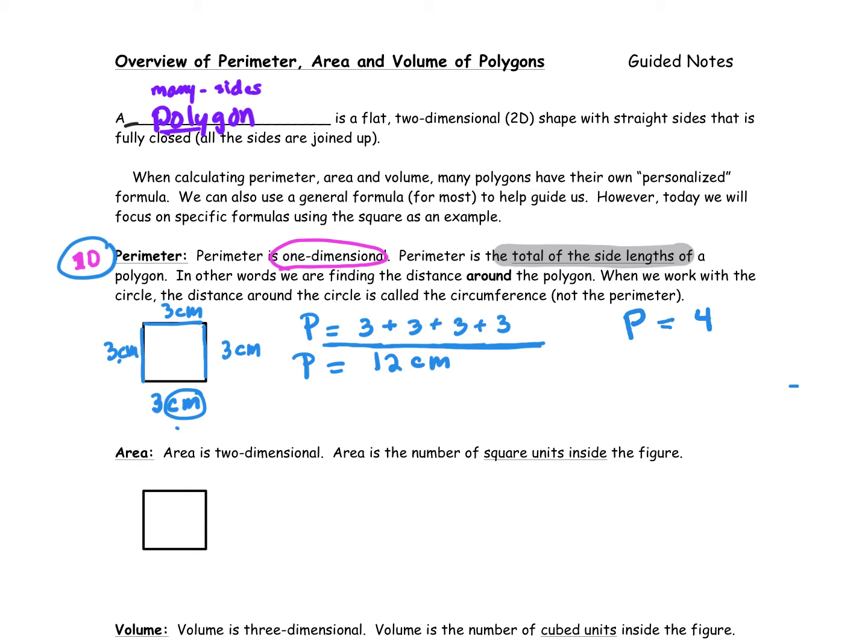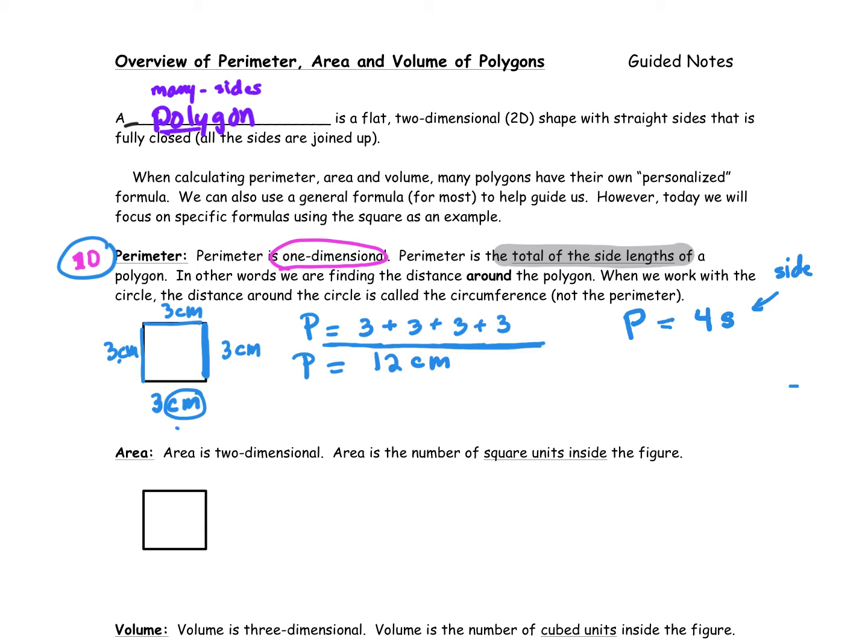And because this is a formula, which means I can use it for all squares, I'm going to use S to mean side. So I could take 4 times any of the side measurements. Say that I have another square that was 7 centimeters long. Well, I put 4 times 7. So the S is going to represent the side length of any square.